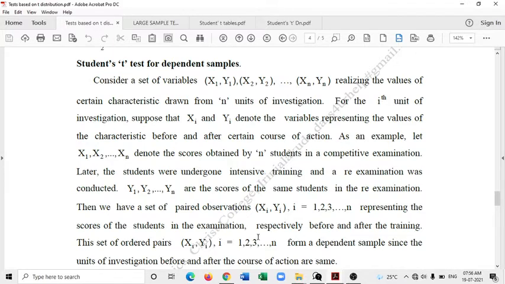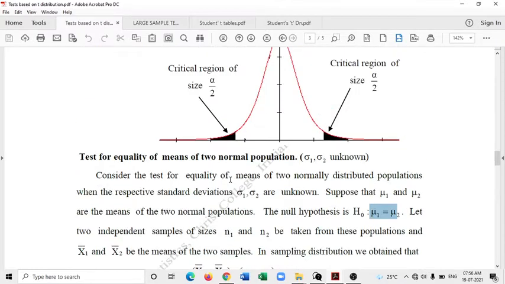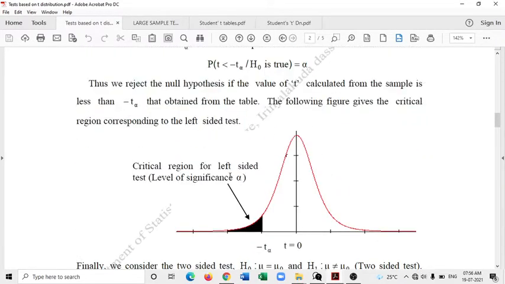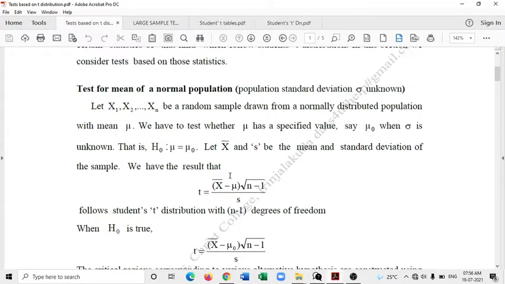So we consider a similar example, that is the application of Student's t-distribution for independent samples, that is for equality of means of two independent normal populations, that is H0: mu1 equal to mu2, and in that case the two populations are independent.